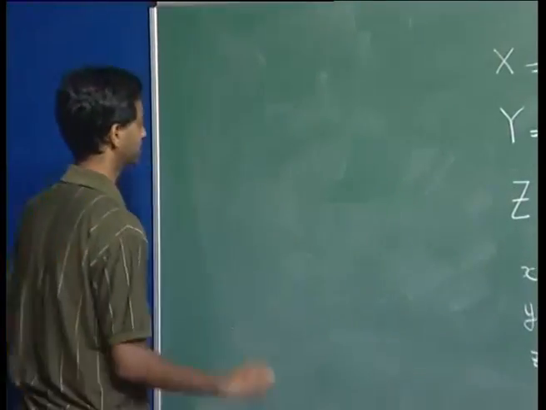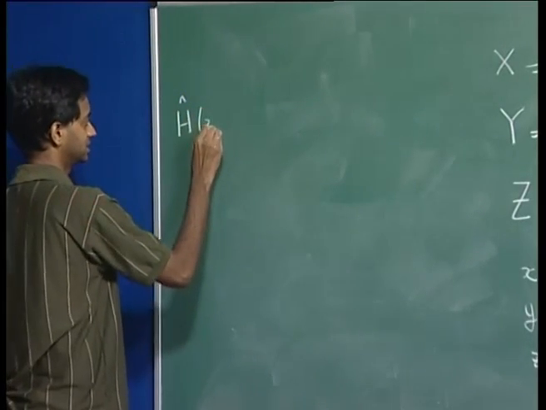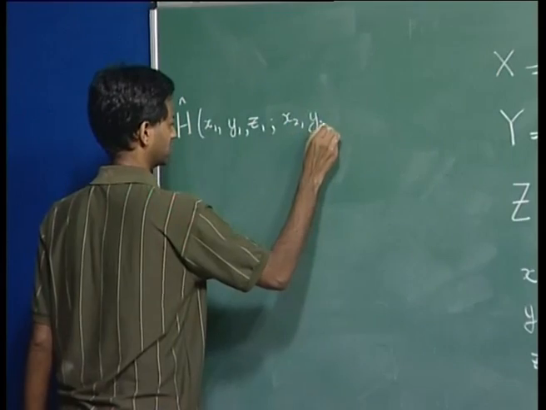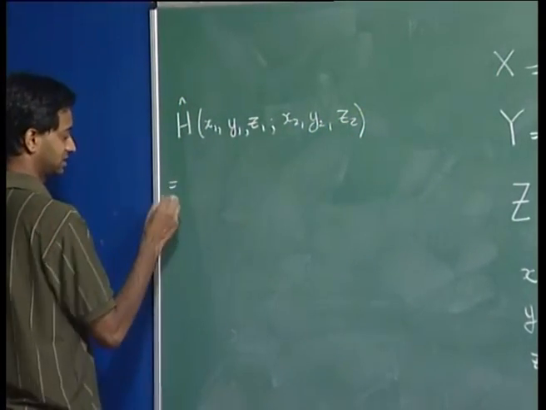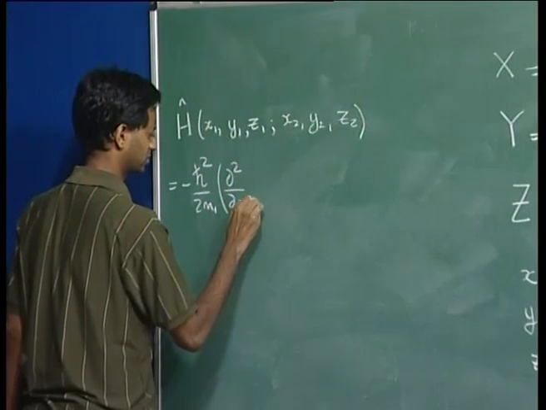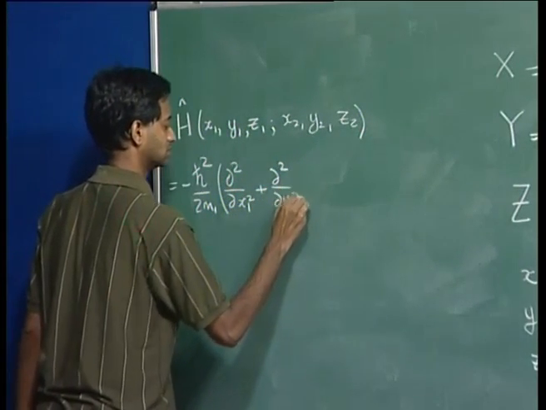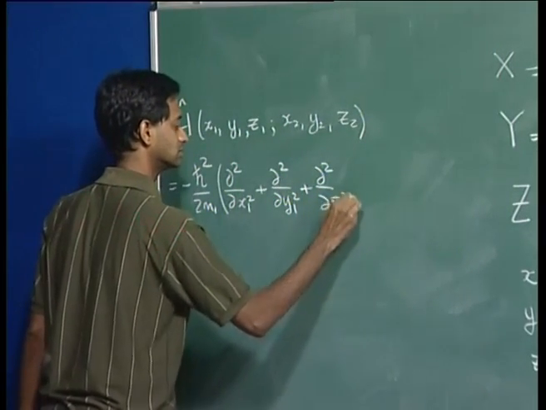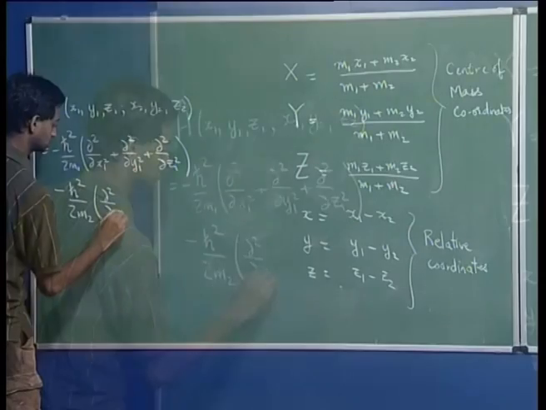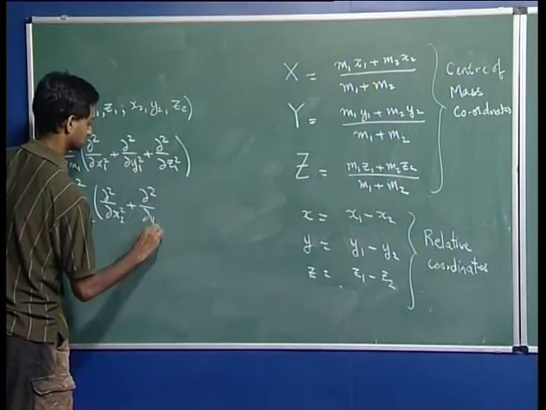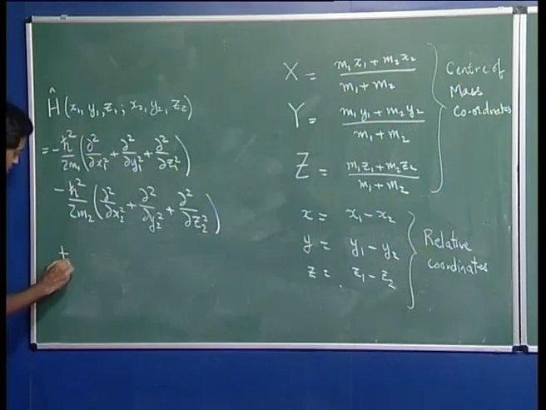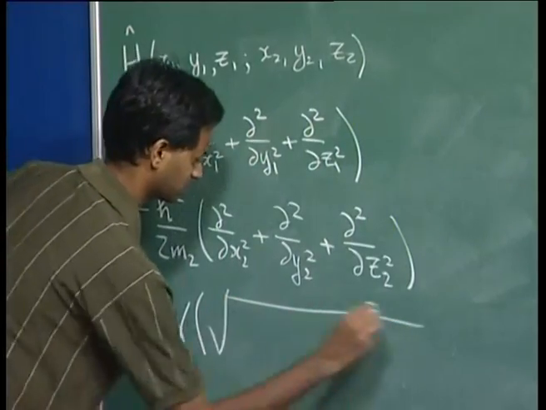Center of mass and relative coordinates, and our target is to take the Hamiltonian which is written as a function of x1, y1, z1 and x2, y2, z2 in the form minus h cross square by 2 m1 d square by d x1 square, minus h cross square by 2 m2, plus v, which is a function of the square root of the separation.